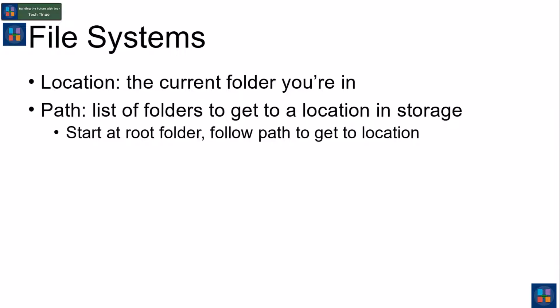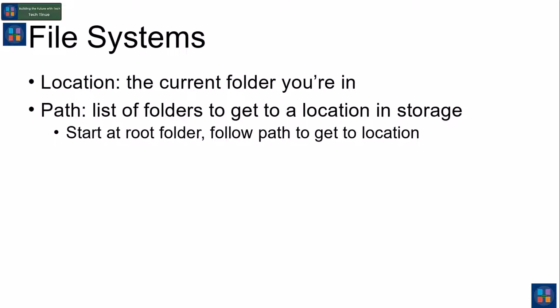Now, when you're working with a file system, the location is the current folder that you're in. So in the previous scene, I was in the Word folder. Now the path is the list of folders that you need to follow in order to get to a certain location in storage. My path in the last example, and I'll show it again in just a second, was my storage device called blah.